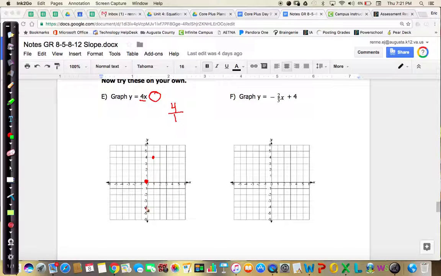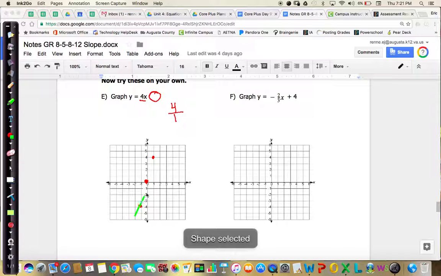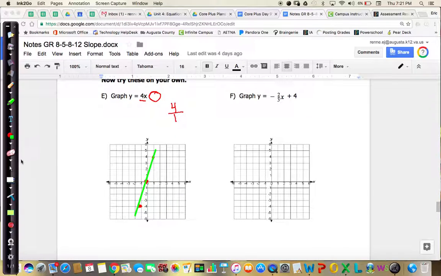So down -4/1 also makes a positive slope, because when you divide two negatives, it makes a positive. So connect your points and put arrows at the ends. Okay, circle the y-intercept and notice it goes to the origin because there is no b here. The y-intercept is actually 0.